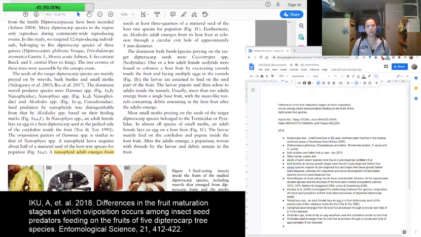So the dominant bark beetle species preying was Cocotrypes, that's how I'm pronouncing it, found excavating tunnels inside the fruit. These guys would excavate tunnels inside the fruit and then lay their eggs. The larvae are assumed to feed on the seed and part of the fruit.